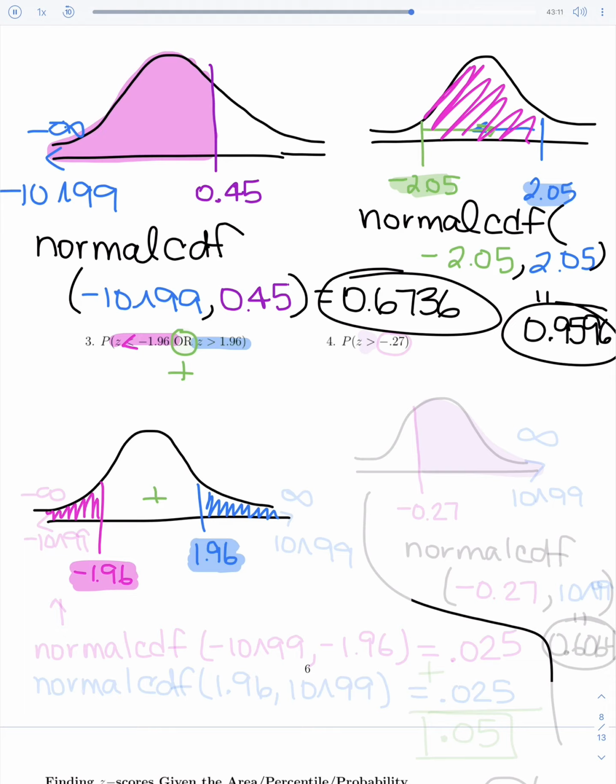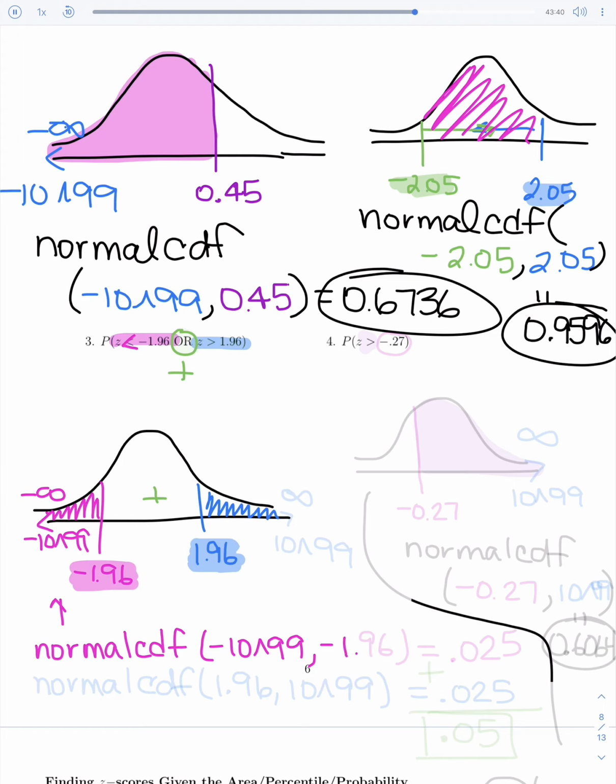So how do we find the area on one of the two ends? Well, let's go after the pink end first. Remember that pink end is going off towards negative infinity. We can't actually use negative infinity though, so we'll use a negative 10 to the 99th like we did before. So for this left-hand side here, we'll do a normal CDF of negative 10 to the 99th.